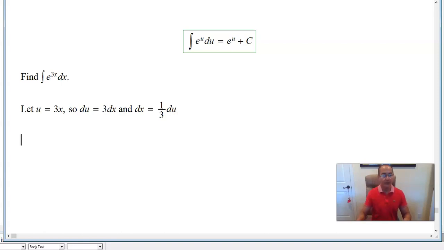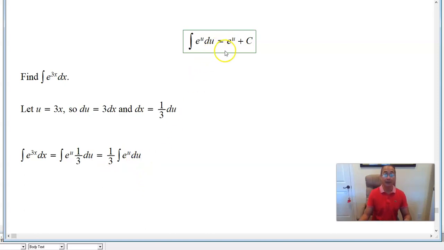So now we can rewrite our problem. This must be the same as, instead of e to the 3x, we have e to the u, and our dx is 1/3 du. So we erase that. And of course, we can take the 1/3 out: 1/3 of e to the u du.